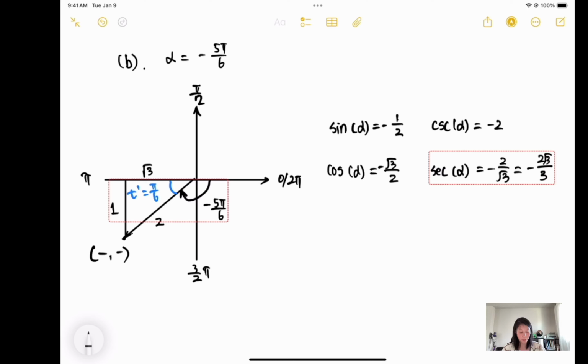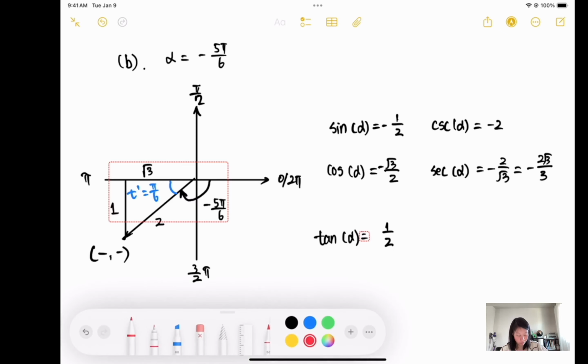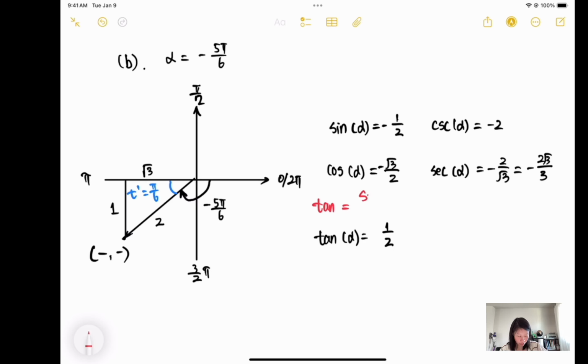Next is tangent. Tangent alpha is equal to the opposite over the adjacent. Since sine and cosine are both negative, by definition tangent is equal to sine over cosine, right? Sine is negative, cosine is also negative. That means your tangent is going to be positive.